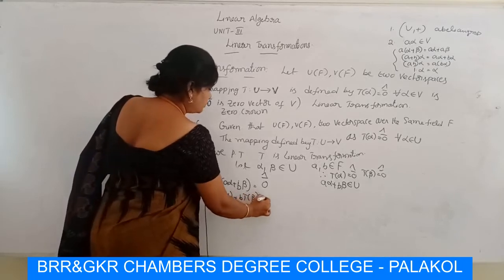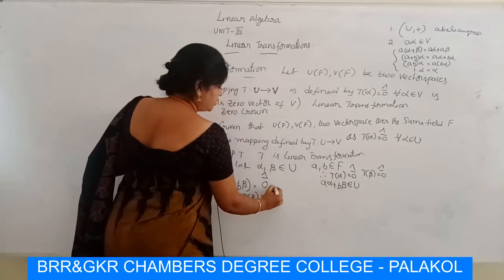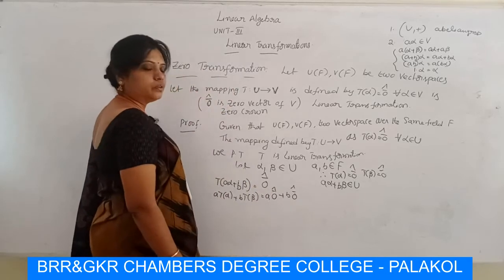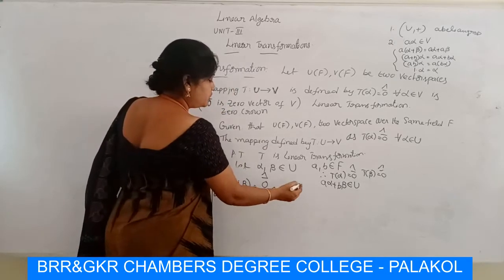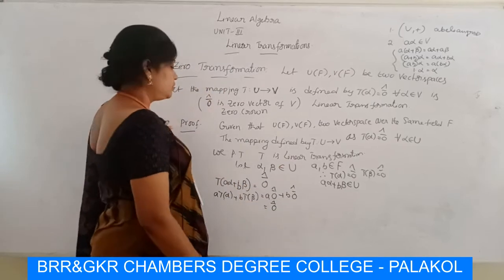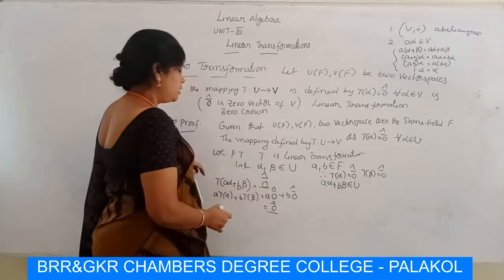Here A into T of alpha is 0 crown plus B into T of beta is also 0 crown. So A into 0 crown plus B into 0 crown is equal to 0 crown. So the left hand side and right hand side are both equal.